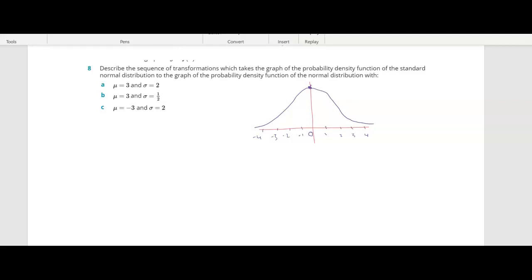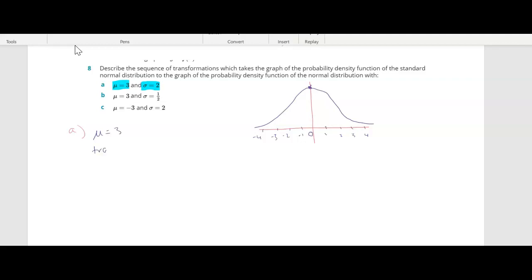Okay, so for the first one, for question A, we've got a mean of 3 and a standard deviation of 2. So what the mean does, it just moves it to the left or the right. So for question A, first of all, we've got a mean of 3.